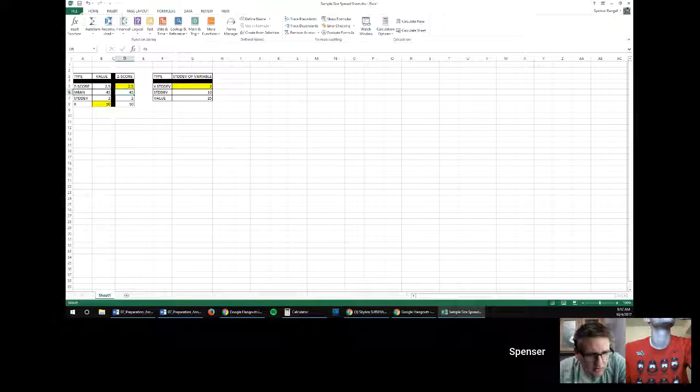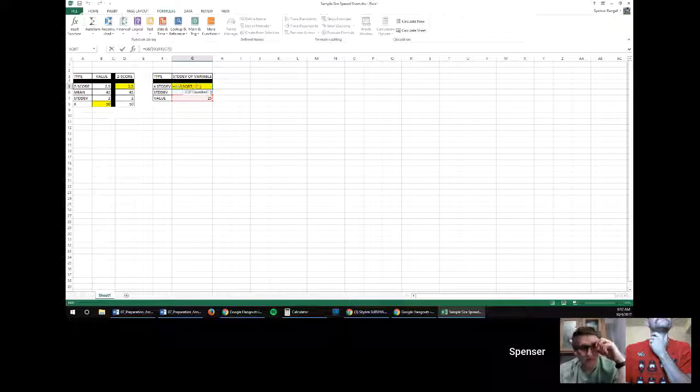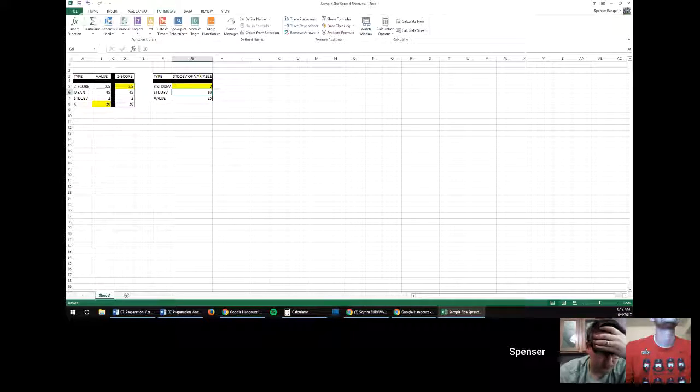The standard deviation is the standard deviation of your original data set, which is 10. Then you do the formula, which is the standard deviation divided by the square root of your sample size. That gets you your standard deviation of your sample size.